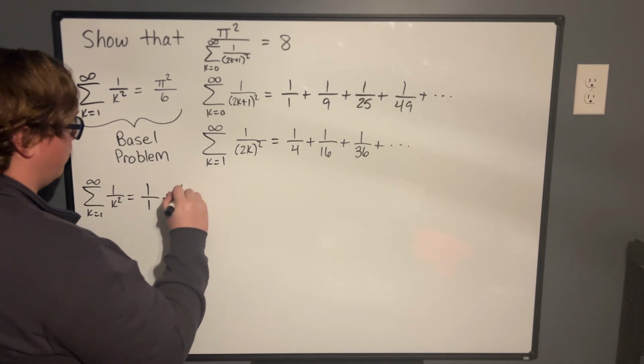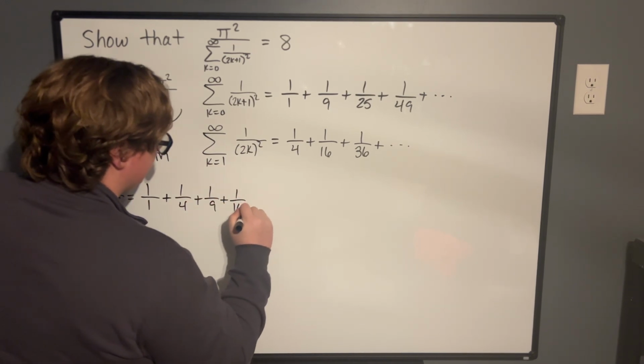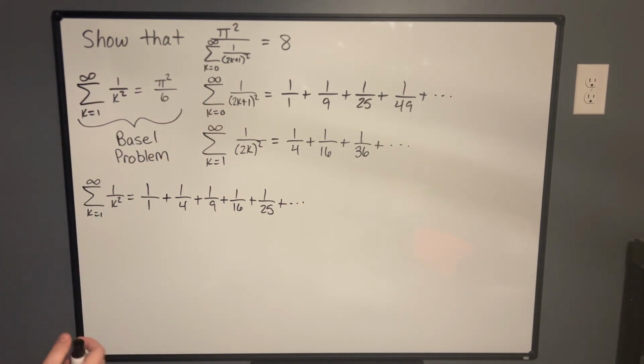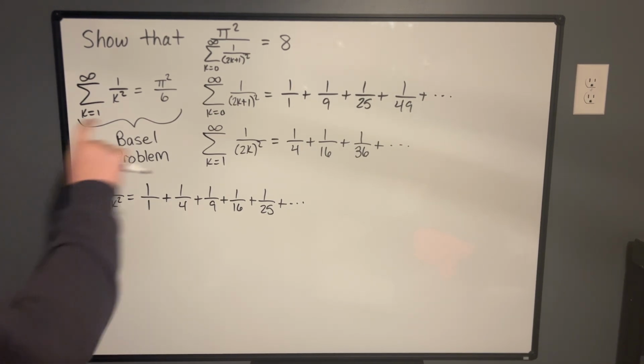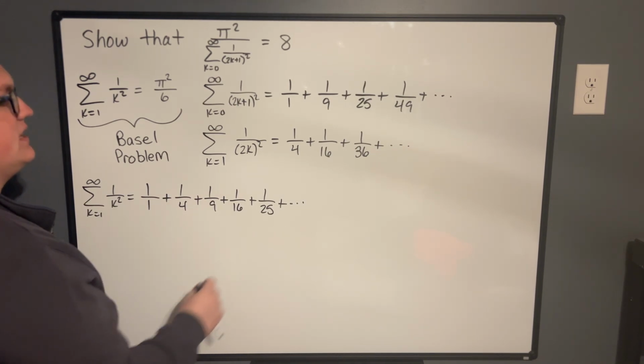Then I get plus 1 over 4, plus 1 over 9, plus 1 over 16, 1 over 25, and so on, right? So it's all of the integer reciprocals squared: 1 over 1 squared, 1 over 2 squared, 1 over 3 squared. This is all those terms. But if you notice, with these two series that we've created, we have every single term in this series, right?